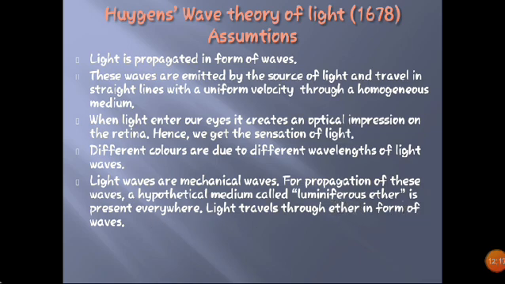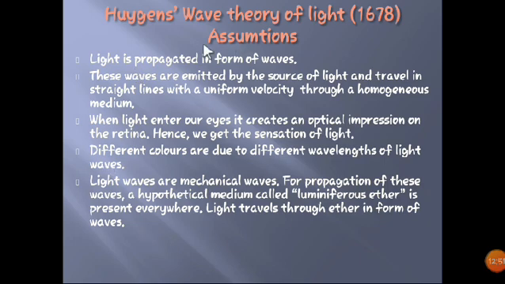He says that there is a layer of ether in which waves of light are traveling, but after some years it was proven that no such medium called luminiferous ether is present in the universe. So this comes under the demerits of Huygens. So let's move to the next slide, which explains more about Huygens' wave theory.